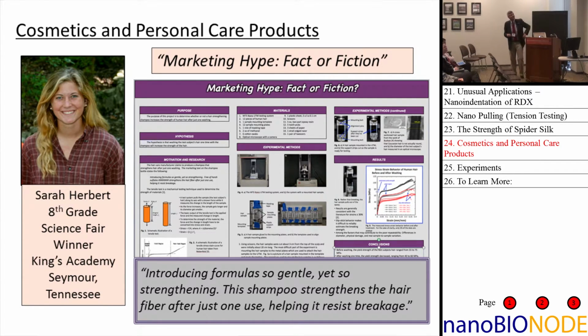But on the bottle of shampoo was the following statement: introducing formulas so gentle yet so strengthening. This shampoo strengthens the hair fiber after just one use, helping it resist breakage. Okay? So this becomes, if you've got access to a nanotensile tester, then this becomes the ideal science fair project.